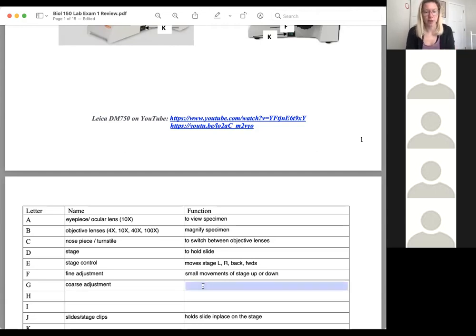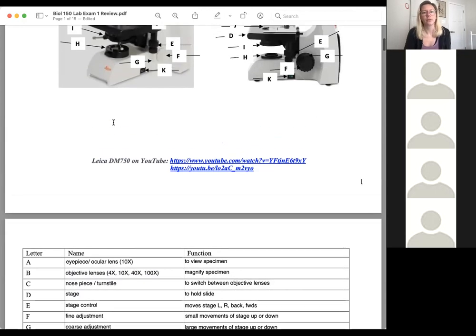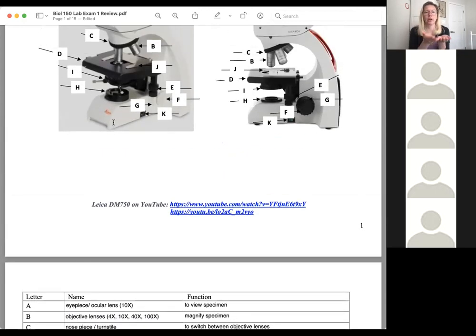The fine adjustment is for making very, very small increments of movement, and the larger movements can be made with the coarse adjustment. Both fine and coarse are for moving the stage up and down. So we can move the stage up, down, left, right, backwards, forwards, in order to change our field of view of that specimen.